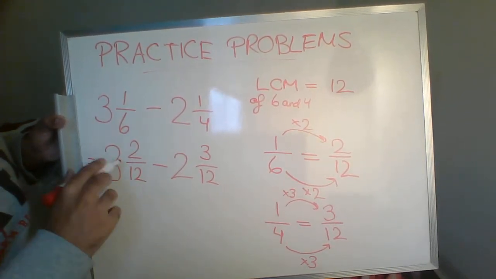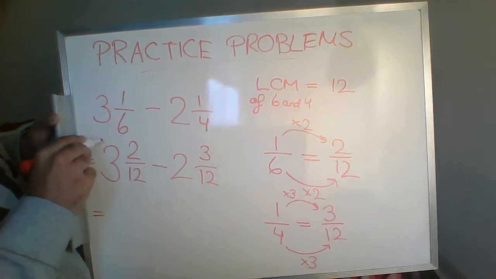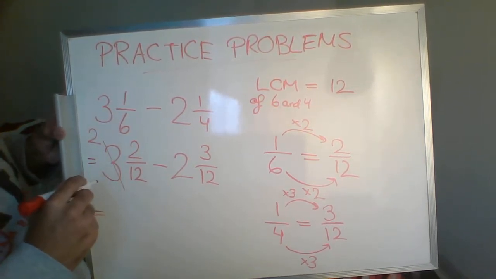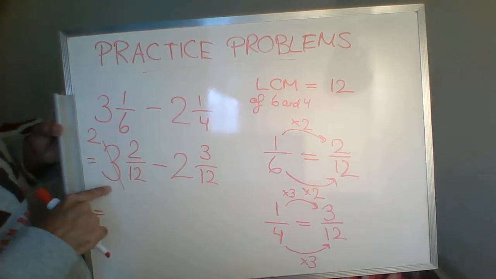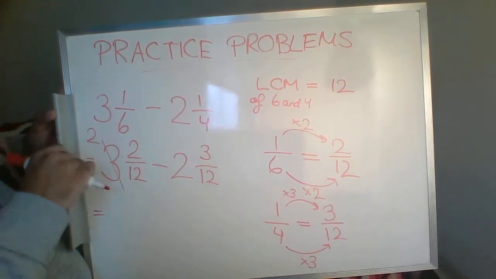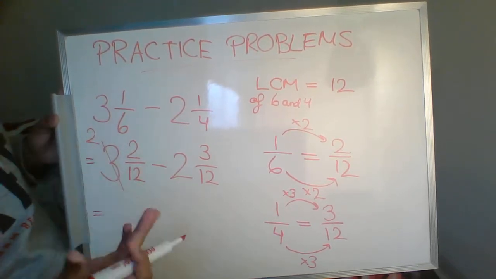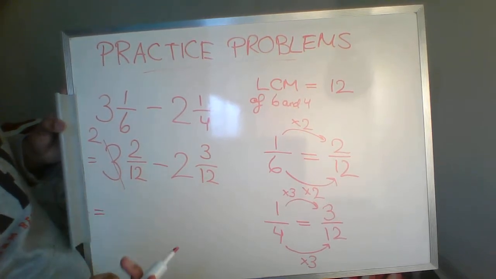So basically what I do is, because this fraction is smaller than that fraction over there, I'm going to take this 3 and put a line through it, and put a 2, right? And what that's letting me do is now I've taken away one whole from what I started with, but I'm not allowed to just take away one whole from the fraction that I started with, because then I'm just changing the question.